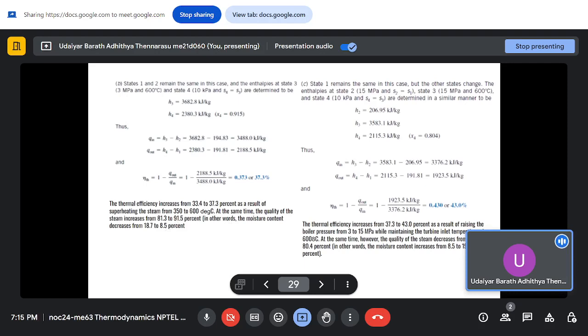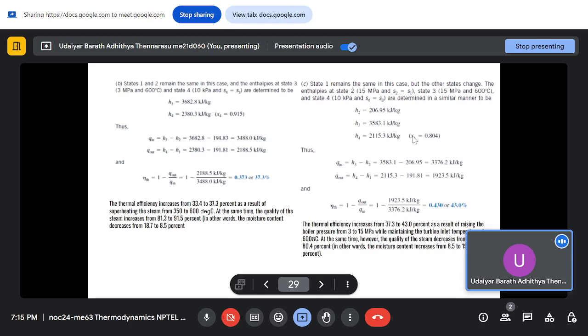Now the third case was to increase the boiler pressure from 3 megapascal to 15 megapascal. In that case, you know H1, and you have to calculate all the other enthalpies using the same process previously used. In that case, your enthalpy at state 2 will become 206.95 kilojoule per kg, and H3 is 3583.1 kilojoule per kg, and H4 is 2115.3 kilojoule per kg.